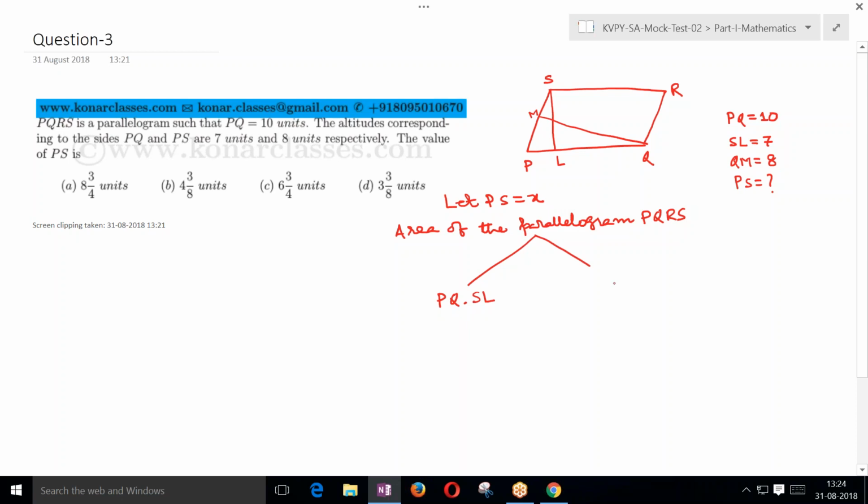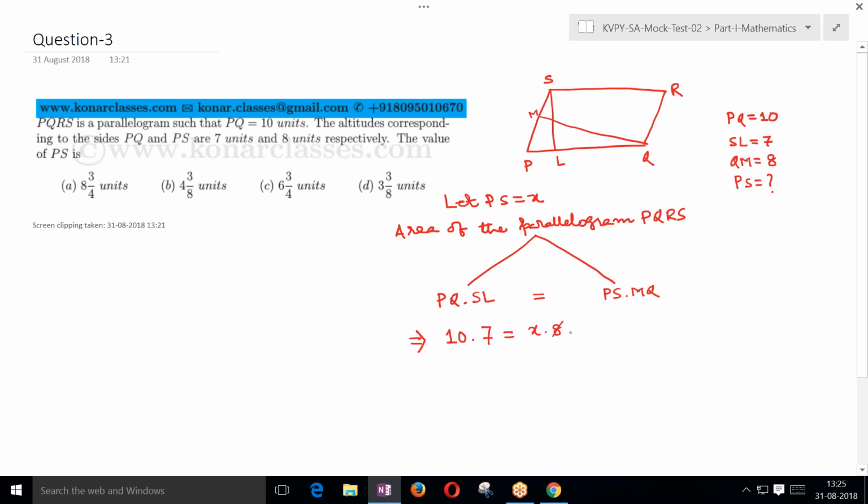Also we can think in the other way, this is equal to PS into MQ. I hope you agree with me. So these two quantities are equal. PQ is equal to 10 into SL, which is 7, equals PS, which is X and which we are going to find, into QM, which is 8.